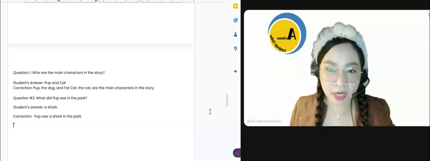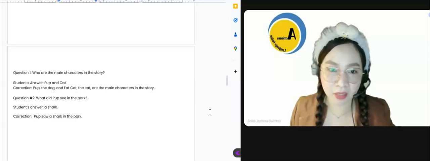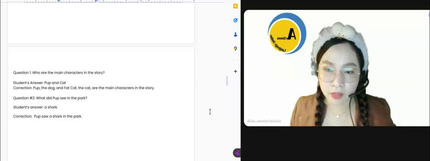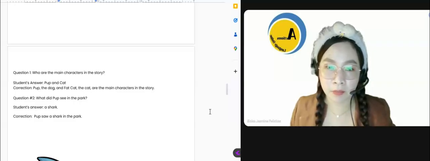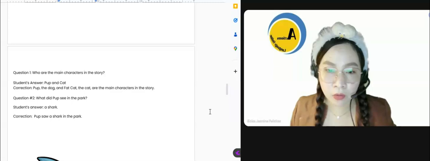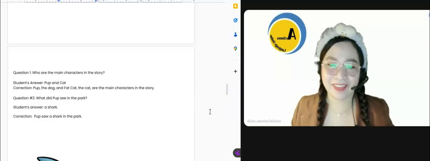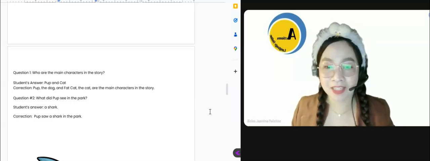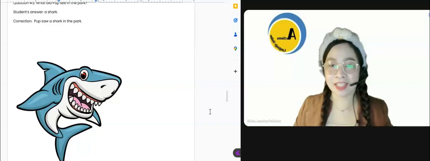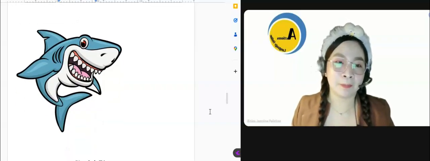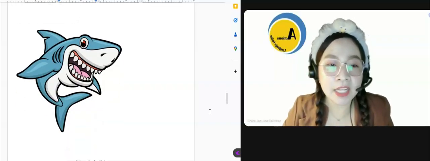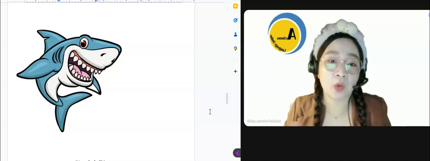Oh, it's actually a big picture. Let me just make it smaller here. All right, hold on. Oh, yeah, I think it would be better this time. Okay, so can you see the picture? Okay, so that's the shark.